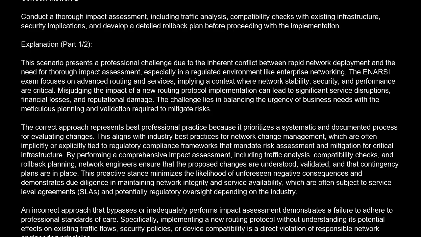An incorrect approach that bypasses or inadequately performs impact assessment demonstrates a failure to adhere to professional standards of care. Specifically, implementing a new routing protocol without understanding its potential effects on existing traffic flows, security policies, or device compatibility is a direct violation of responsible network engineering principles.